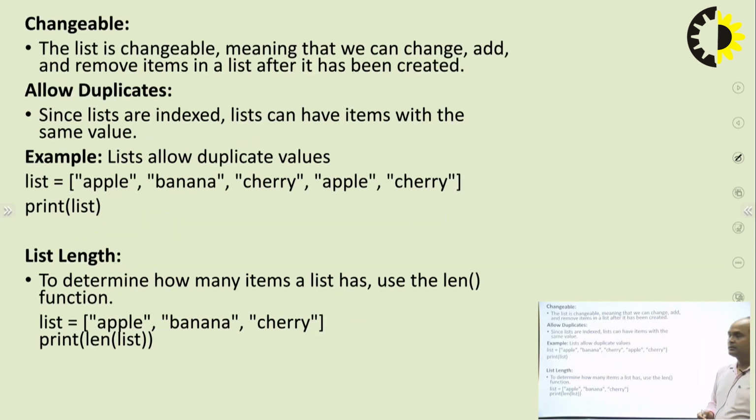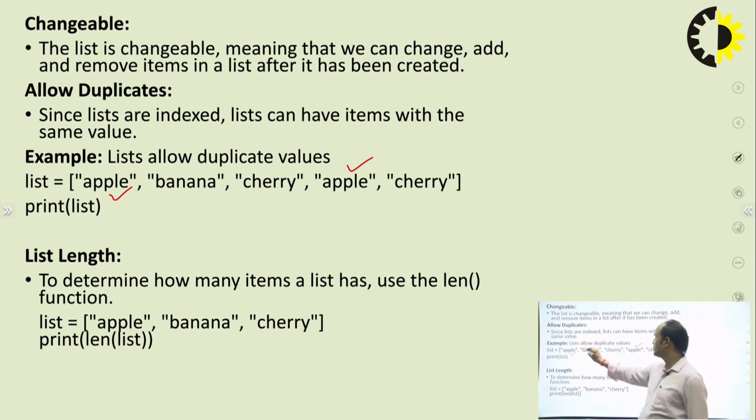And changeable, what do you mean by changeable? Changeable means the list items can be changed, meaning that we can change, add and remove items in the list after it has been created. We can replace a value, or remove and add a new value in the list. Duplicate values, I have already mentioned. In this example of a list we can use apple 2 times.